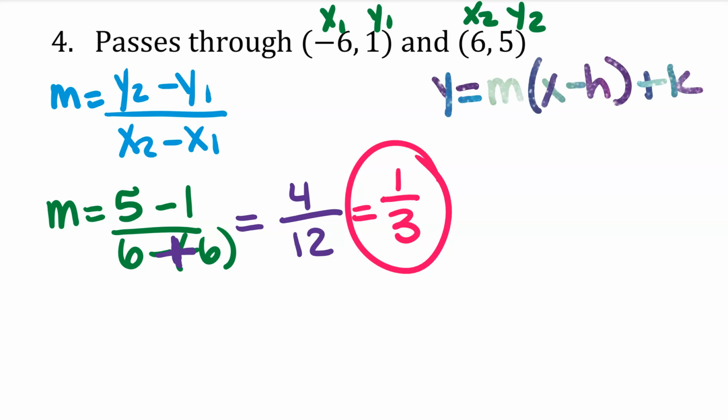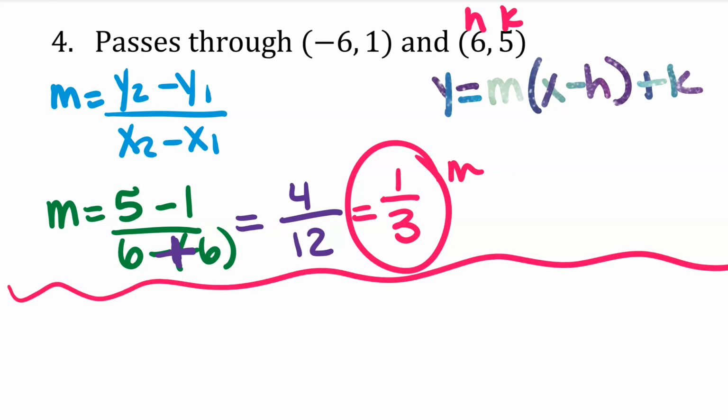You can pick, and I think some of the other teachers might have talked about this in their videos, you can pick either point that you want to use when you're doing HK. I'm going to erase these because I'm going to label it as HK and I don't want to get confused. I'm going to use the first one because they're both positive. I like working with positives. I don't know about you, but I would prefer to work with the positives. So H and K, and then this is my M.